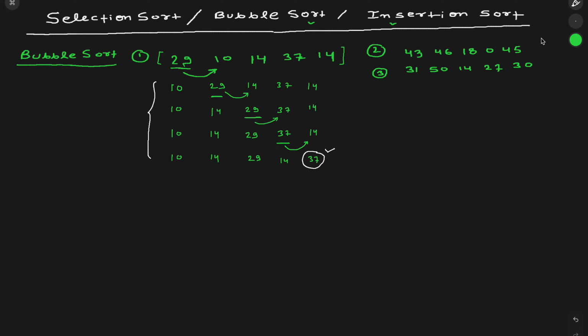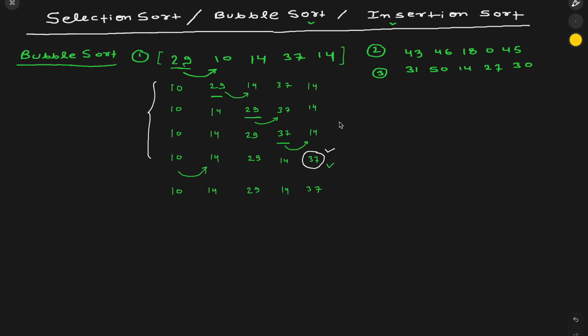Let me start. Again it will check these two elements. 14 is already greater, so it will not swap and will stay as it is. 29 will be here, 14 will be here, and 37 is already sorted. For the previous iteration I made the check till here, but we know that this is already sorted.